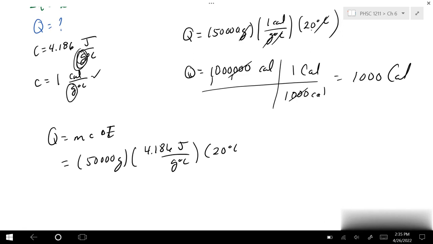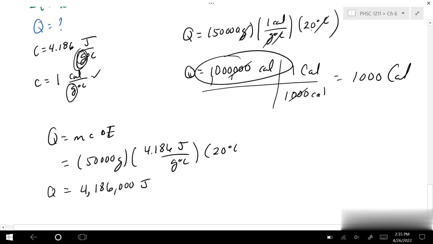Plug the numbers into the calculator: you do 50,000 times 4.186 times 20, and you get 4,186,000 joules, which makes sense because of the conversion.